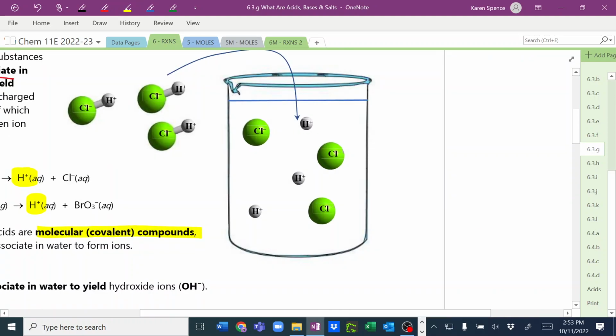So, here we have hydrogen chloride gas. Yes, they are molecules, and therefore that is molecular. Dissolved in water, we have chloride ions. They float separately.